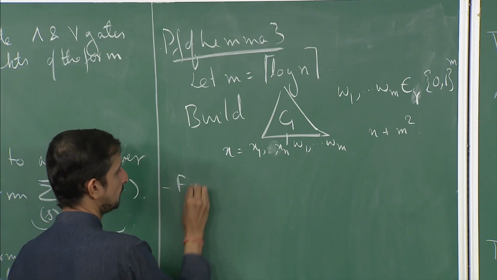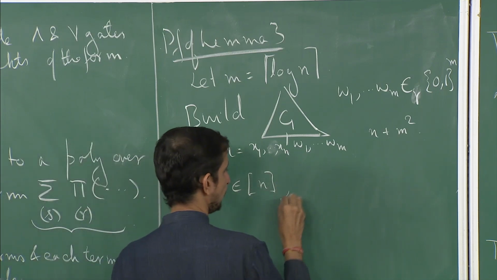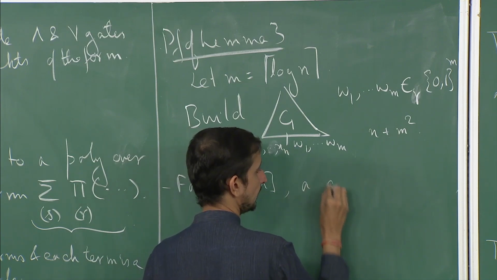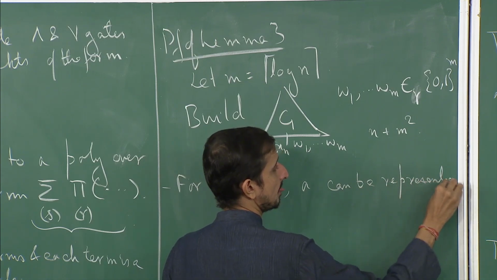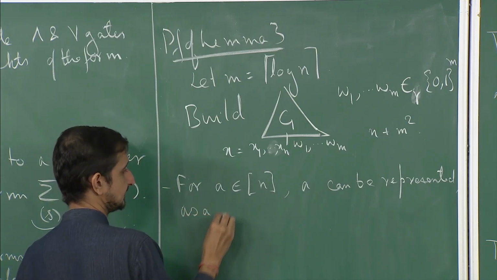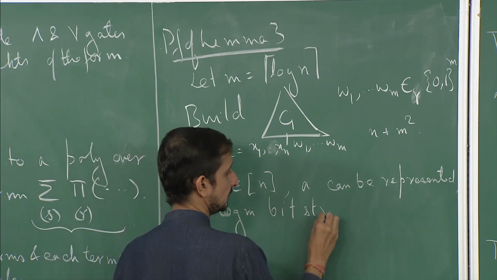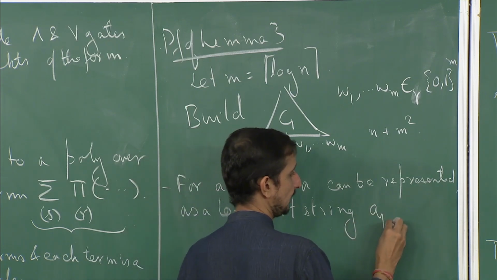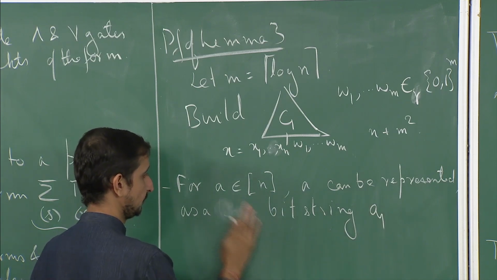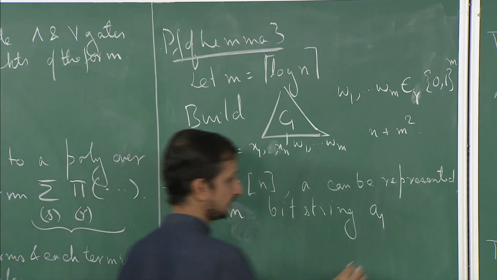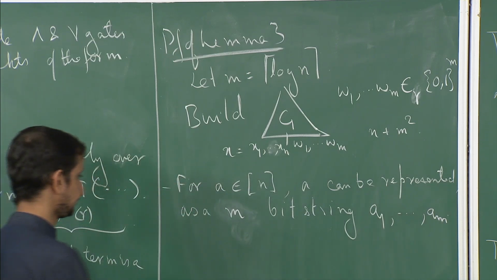Now for any a belonging to n, a can be represented as a log n bit string, so just use m over here, a can be represented as an m bit string a1 up to am.